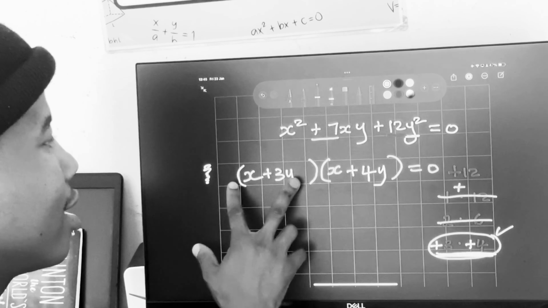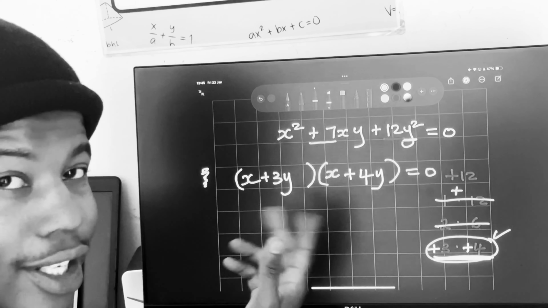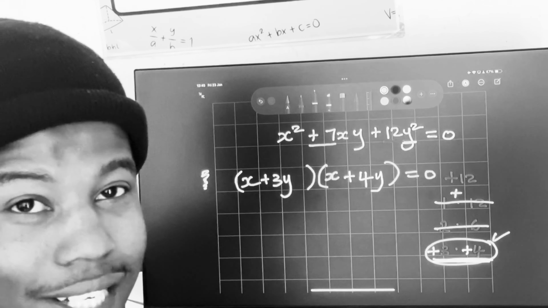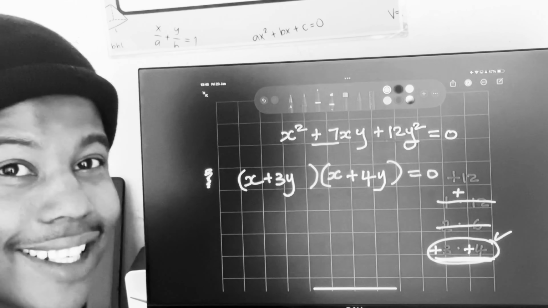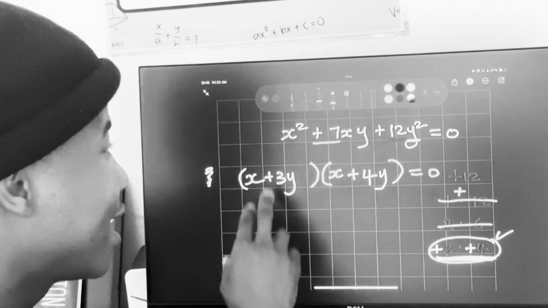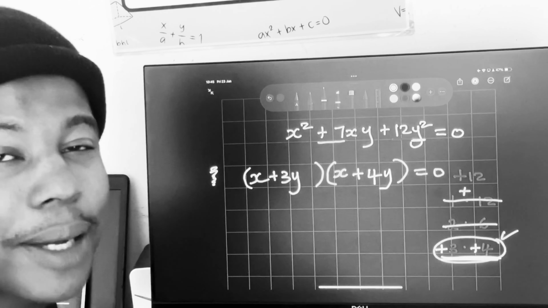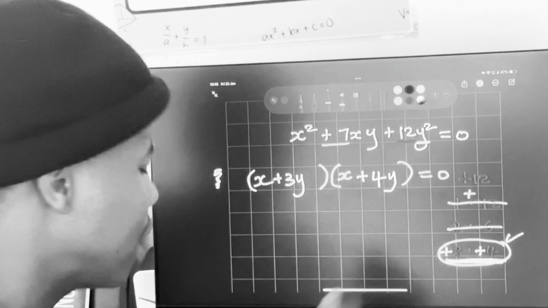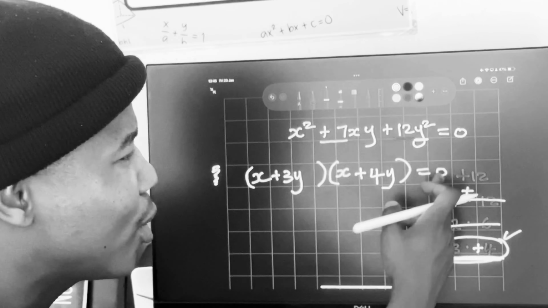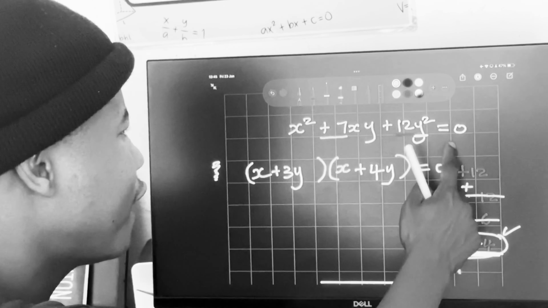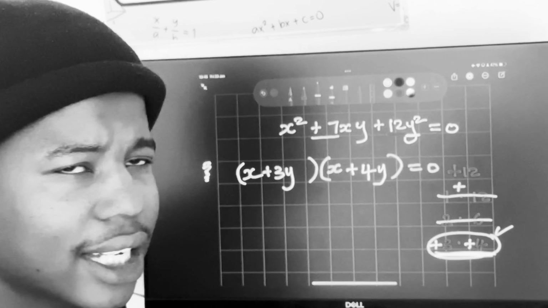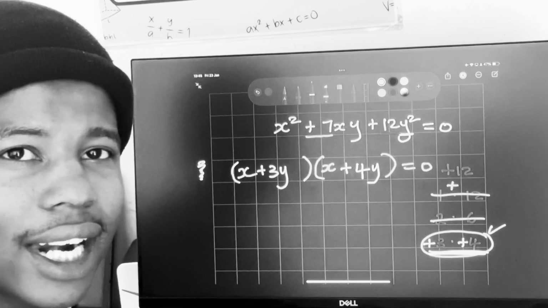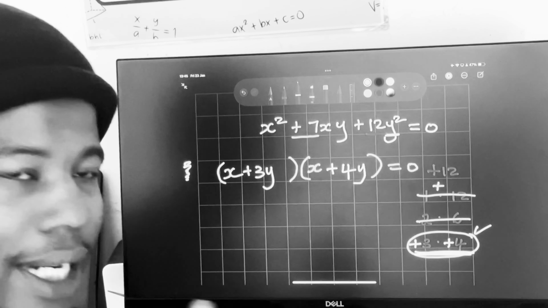So it's like these two guys are a couple and they have zero emotions. There are no feelings left, so they can separate now. This property can only apply if there are zero feelings left. If you have 5 here, you cannot split the brackets. If you have -1 or any other number except 0, do not split.